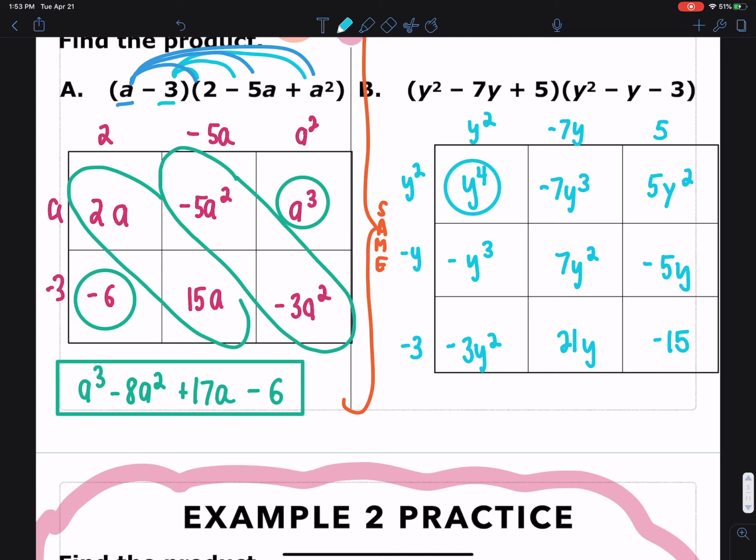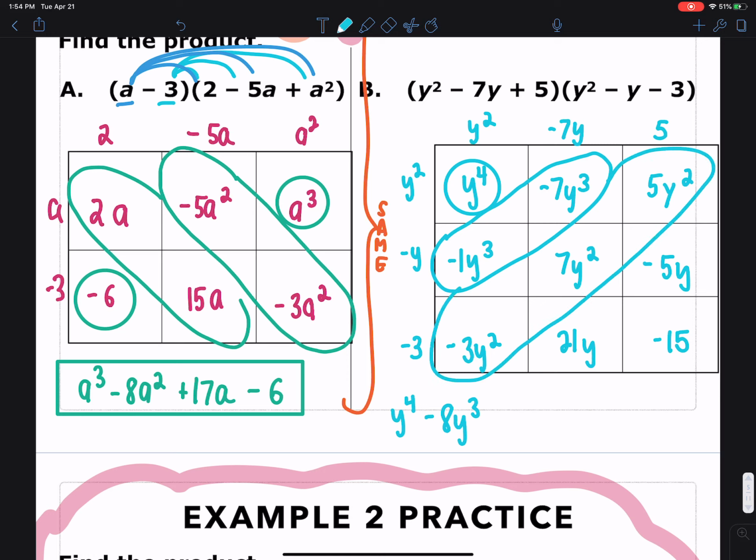So highest exponent is y to the fourth. Nothing to combine that with. Look at the next diagonal, we have y to the third, so we have a negative 1 and a negative 7, which would be a negative 8 y to the third. Then we have our y squared diagonal, so 7 and 5 is 12 minus 3 would give us 9y squared. 21 minus 5 is going to give us 16y.